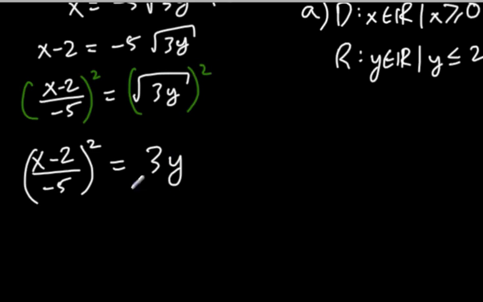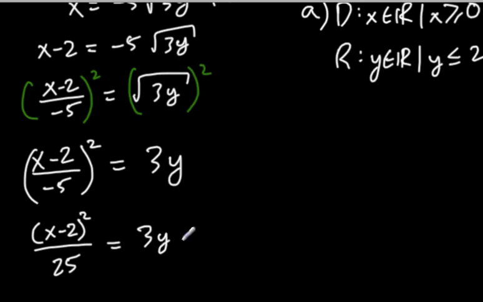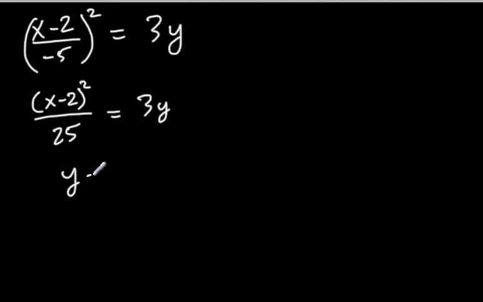I'm going to leave the numerator as is, so it's going to be x minus 2 squared. But then -5 squared is going to be 25. So that's equal to 3y. Then if I divide both sides by 3, the 25 and the 3 will multiply. So y is equal to x minus 2 squared divided by 75.